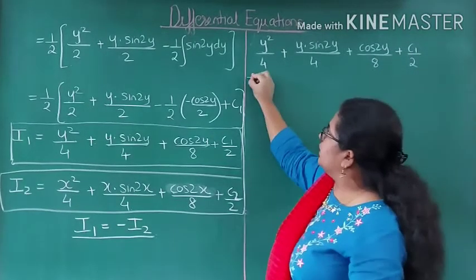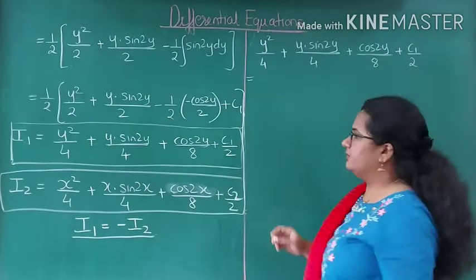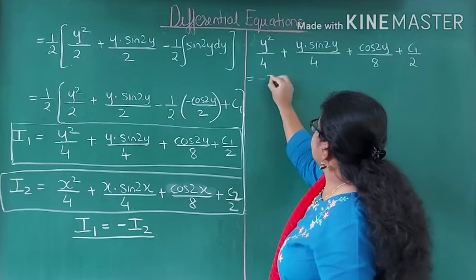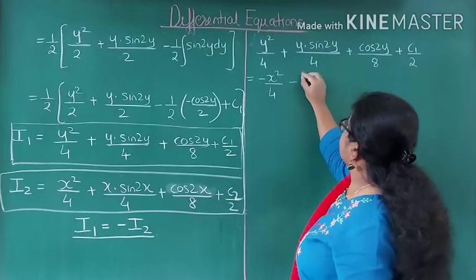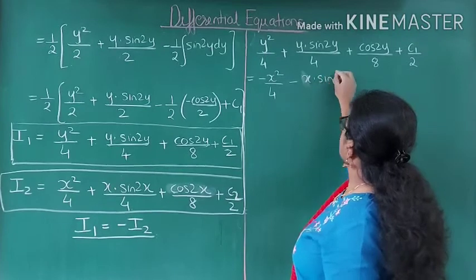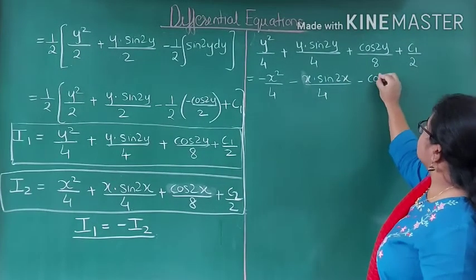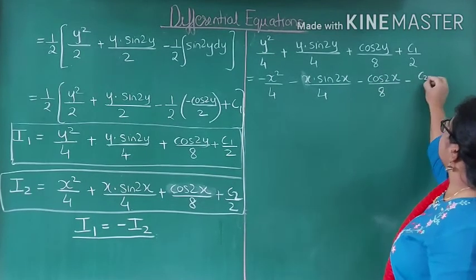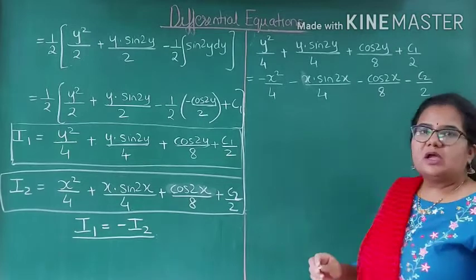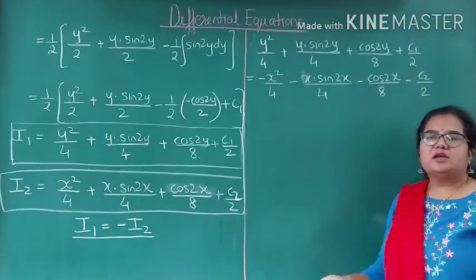Now this is equal to, now negative of I2 means all terms will be negative. So minus x square upon 4 minus x into sin 2x upon 4 minus cos 2x upon 8 minus c2 upon 2. Now what is the highest denominator here? It is 8.